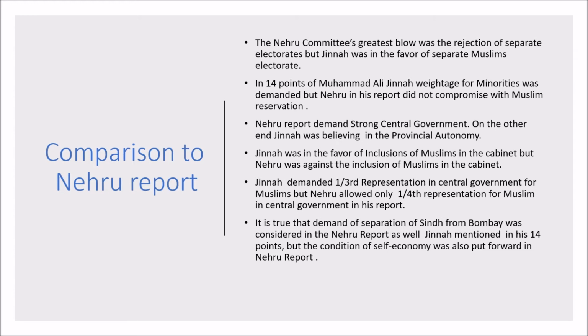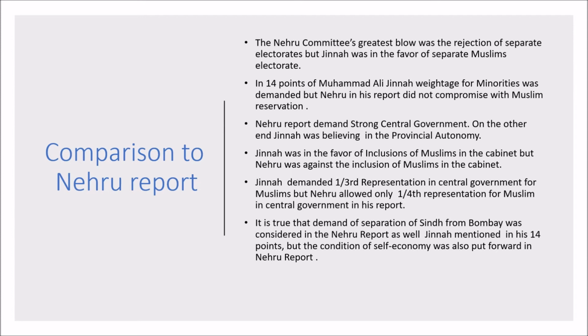Number 4 was that Jinnah was in favor of inclusion of Muslims in the cabinet, but Nehru was against the inclusion of Muslims. Number 5 was that Jinnah demanded one-third representation in central government for Muslims, but Nehru allowed only one-fourth representation for Muslims.